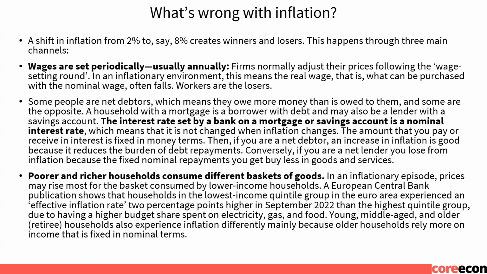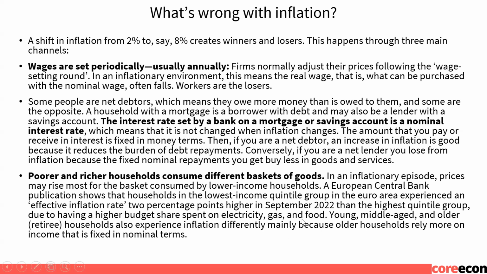There's a study from the European Central Bank, and the publication shows that households in the lowest income groups in the euro area experienced an effective inflation rate 2 percentage points higher in September 2022 than the highest income groups, due to having a higher budget share spent on electricity, gas, and food. Notice that when there's inflationary pressure in the economy, it hits matters like energy, gas, and food more than everything else.